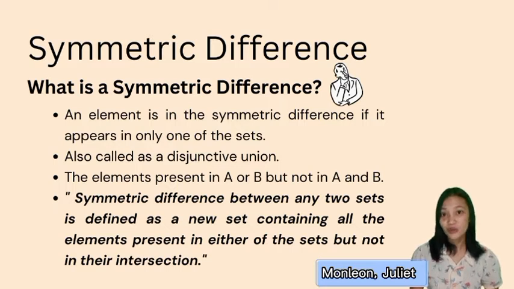Symmetric difference is also called the disjunctive union, since the symmetric difference means the elements present in set A or B but not in A and B. So take note that the symmetric difference between any two sets is defined as a new set containing all the elements present in either of the sets but not in their intersection.